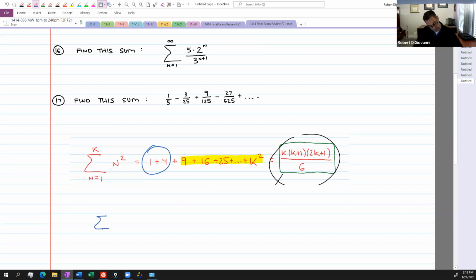If we did the sum, n equals 1 to 40 of n squared, according to the formula, it should be whatever the k is. So 40 times 40 plus 1 times 80 plus 1, 2 times 40 over 6. So calculator time.